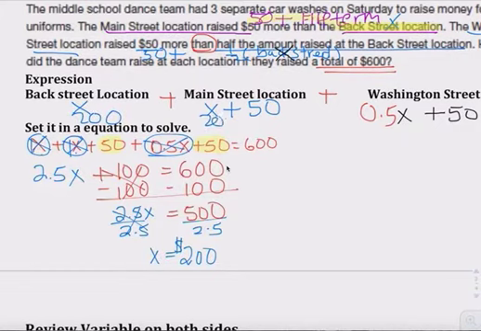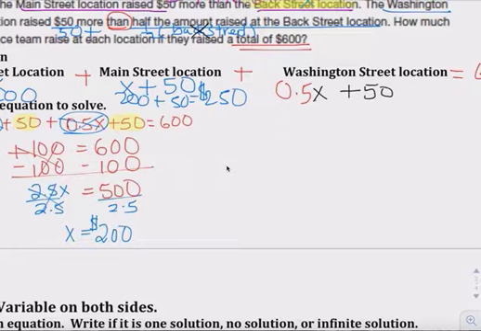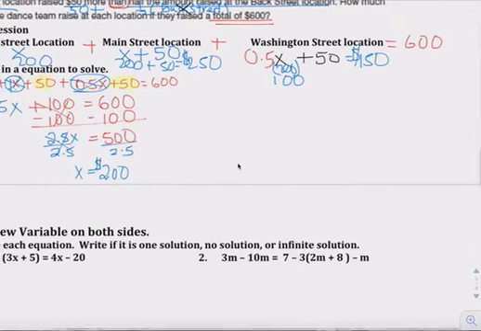This is 200 plus 50. Main Street makes $250. This is half of 200 plus 50, so that's 100 plus 50 is $150. So the Washington Street location made the least amount of money. Main Street made the most.